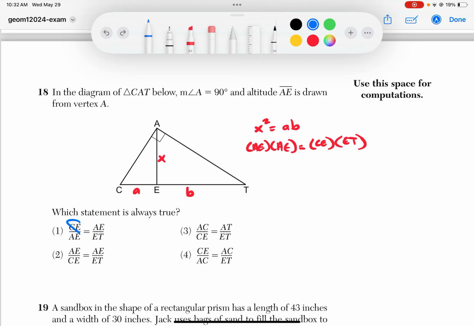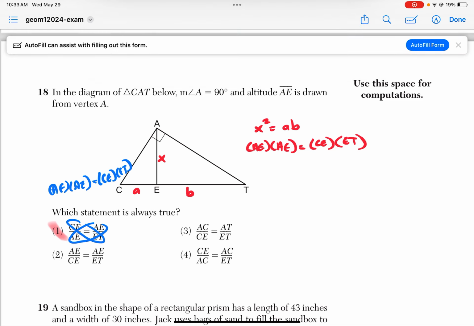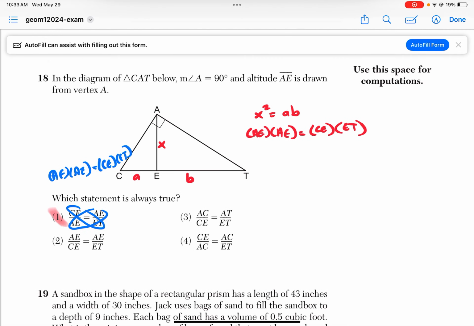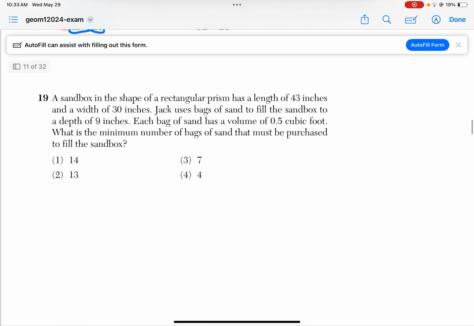So if I look at this one, if I cross multiplied, I would get AE times AE equals CE times ET, which is exactly what I had at the get-go. So it's got to be that one. Checking to make sure I got that right, and I do. So yep, it's number 1. So using that right triangle altitude formula, plugging in their official side lengths and trying to see if I can work it into something that I recognize.